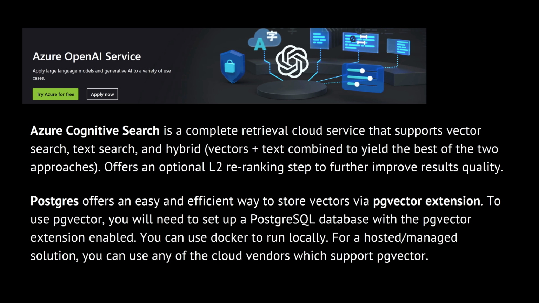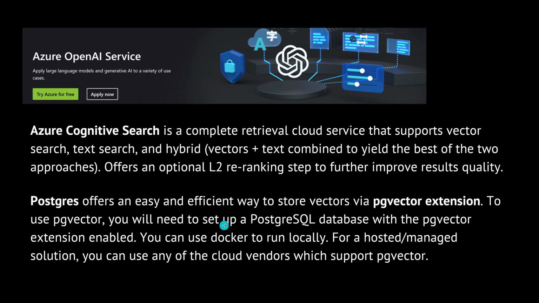Interesting. Now, this Cognitive Search here uses, of course, Postgres, and here we need an extension. We need a very easy and efficient way here to store our vectors, and there's this beautiful Postgres extension, and this is called pgvector. And if you use pgvector, you will need to set up the Postgres database with the pgvector extension enabled.